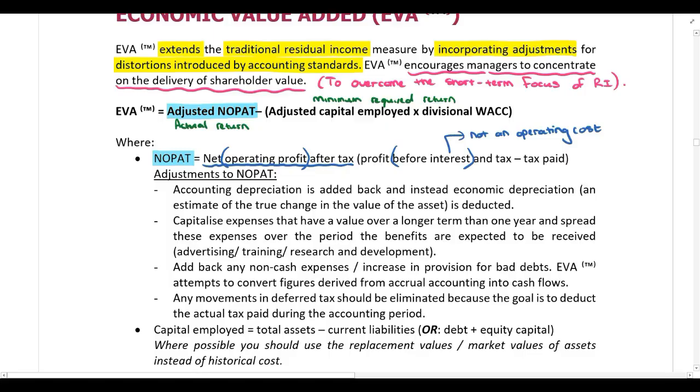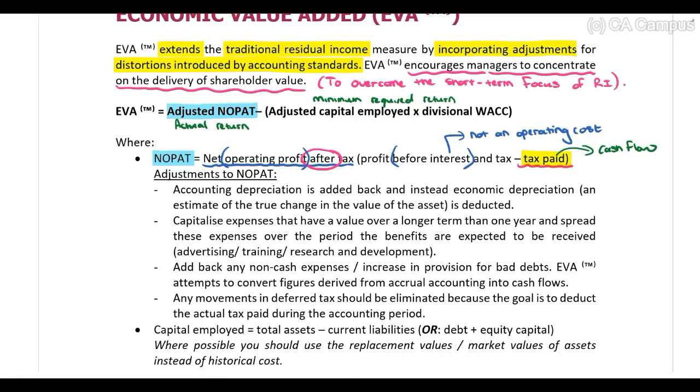And then we deduct the tax that is paid. So please note, net operating profit after tax is after tax. However, it is not your tax expense as per your statement of profit and loss and other comprehensive income. It is the tax that is actually paid during the period. Or in other words, it is the cash flow and not the expense on your statement of profit and loss and other comprehensive income.